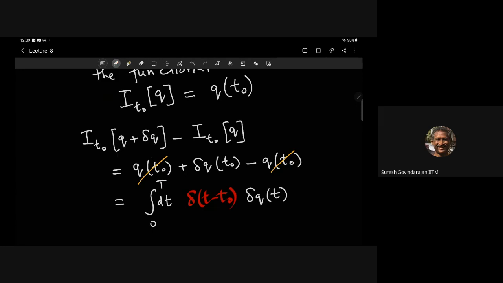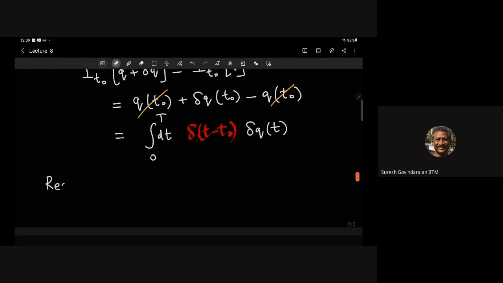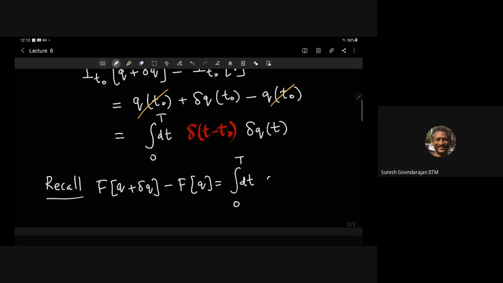Okay, so this is to identify the functional derivative, right? If you remember last time, if you have any functional F of q, we wrote this as follows. We did the Taylor expansion.